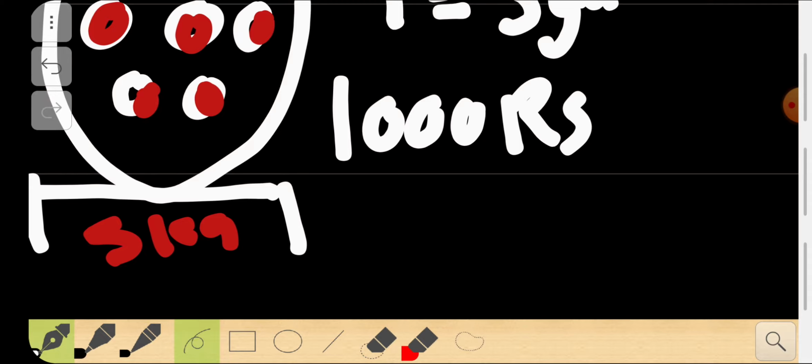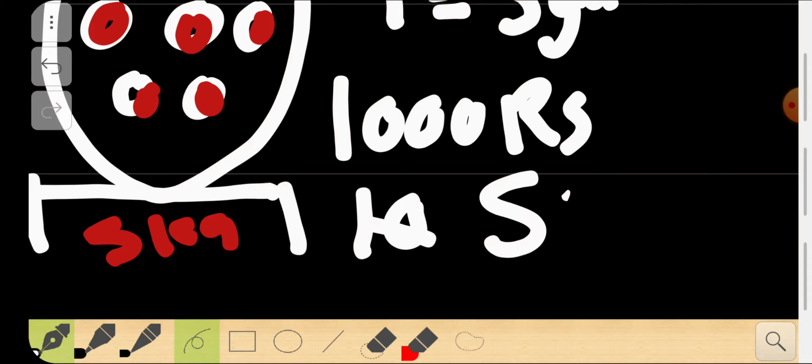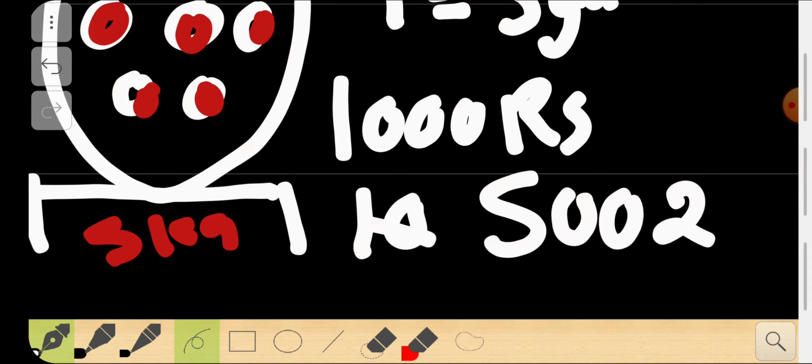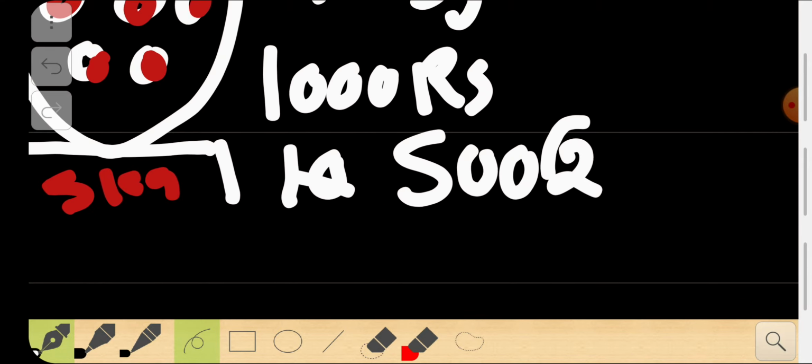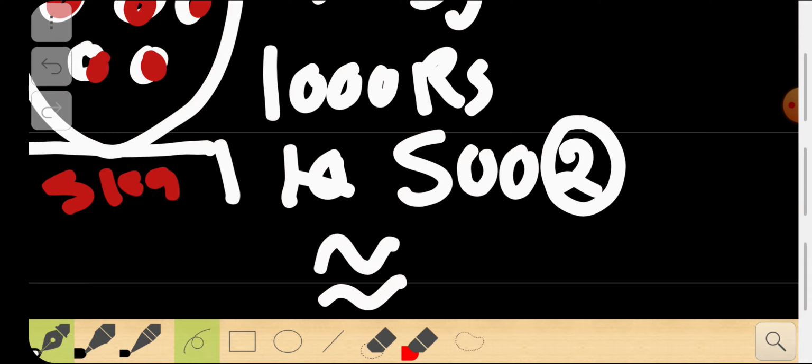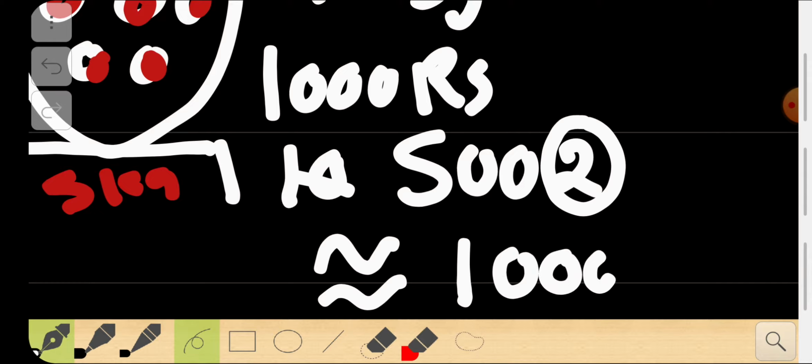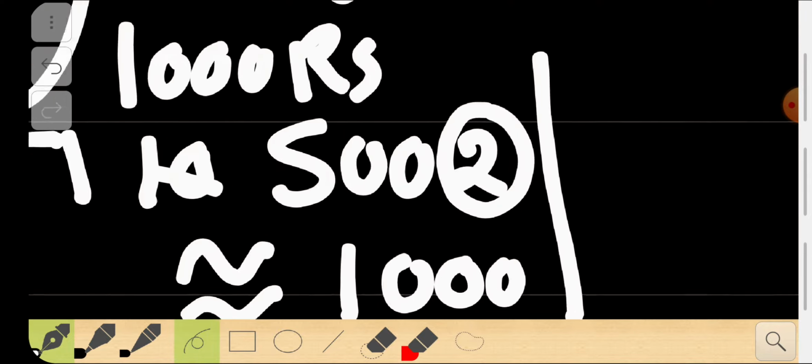Now if you calculate and find that it is 5,002 grams, then each coin is almost 5 grams. So this 2 grams doesn't account for anything. Still you approximate it to 5 kilograms, which is 1,000 rupees, right? You can go 4,998 as well. Still it is well within your uncertainty. This is something that you see daily.